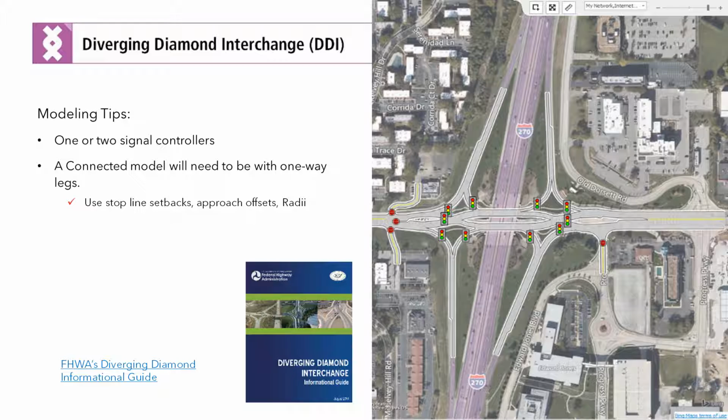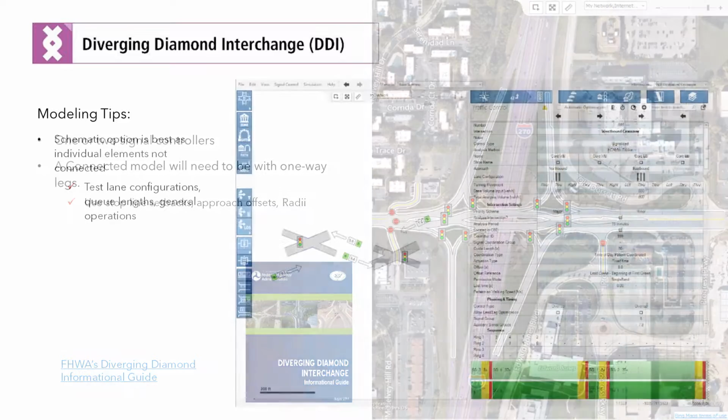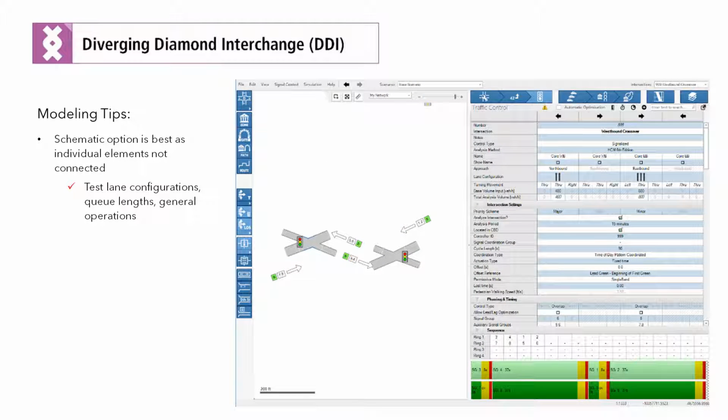But again, to test the core, often you don't want to go through this whole exercise of piecing everything together and then say, oops, I need 3 lanes or 4 lanes within the core of my diverging diamond, or I need an extra left or an extra right. It's really good to test these things before you start connecting things together.